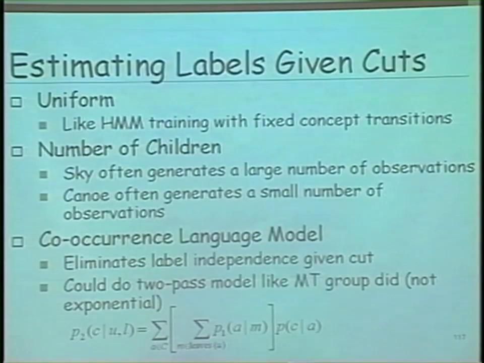It's unlikely to be a really big canoe. And another approach would be to use a co-occurrence language model where we impose this Markov structure. You could do this using a Markov chain, or you could do it using the 2-step approach like what Pinar talked about in her MT presentation.